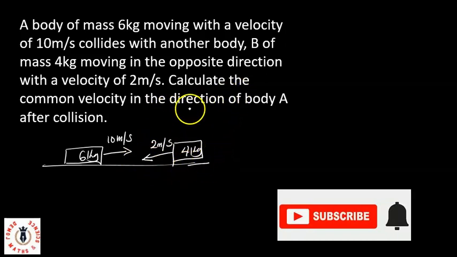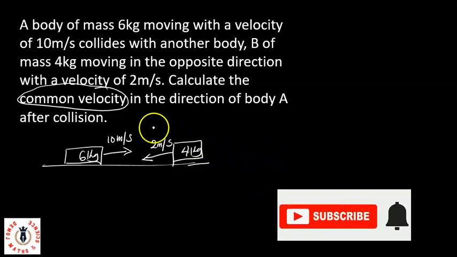Calculate the common velocity in the direction of body A after collision. Since we are asked to calculate the common velocity, that means both bodies move together, and that tells us that this collision is an inelastic collision.